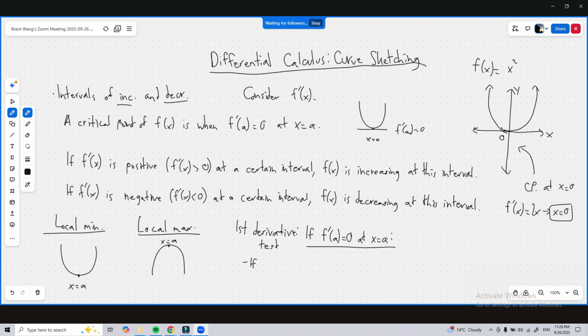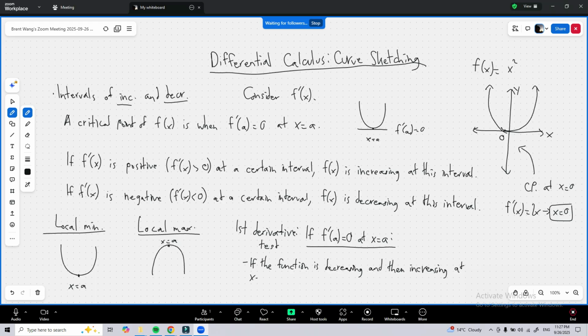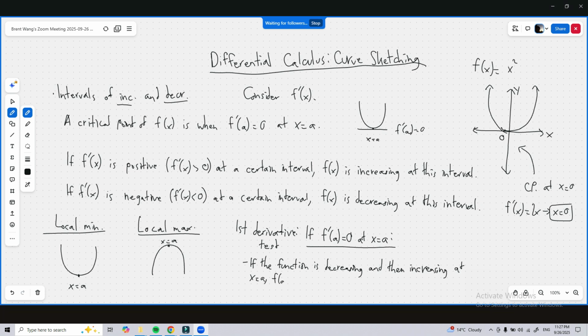If the function is decreasing and then increasing, so first decreasing and then increasing at x equals a, then f of a is a local minimum.